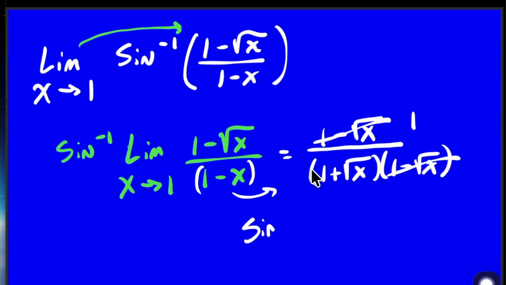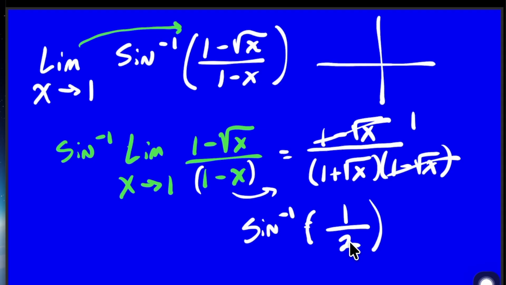So now, folks, we have inverse sine of 1 over 1 plus square root of 1, so the denominator becomes 2. So the inverse sine of 1/2, which is what that limit results in, is going to be pi over 6.